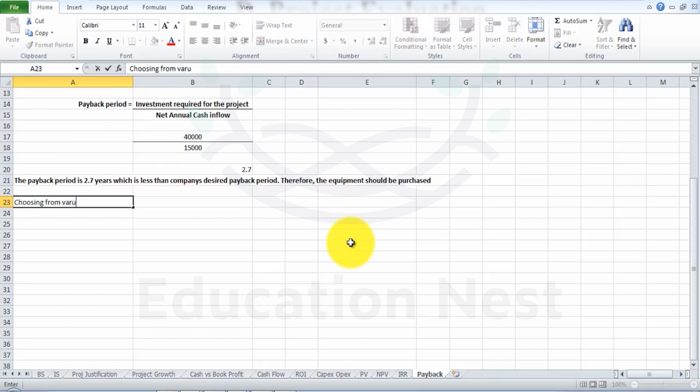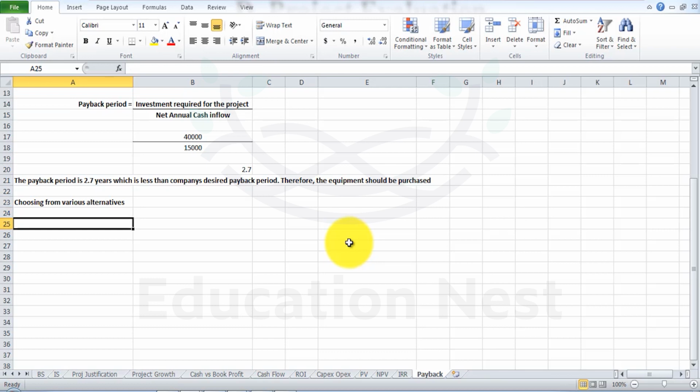Choosing from various alternatives. This is also as simple as it could get. Suppose ABC company wants to buy a machinery and has two equipment choices.